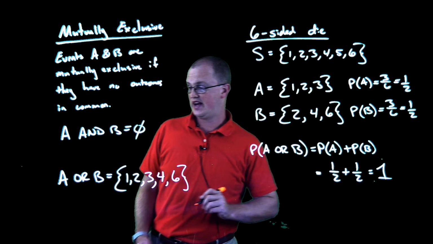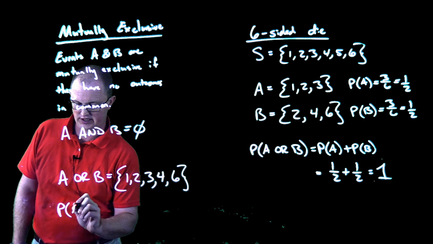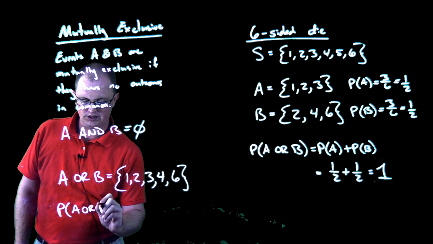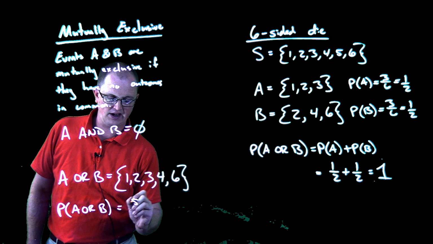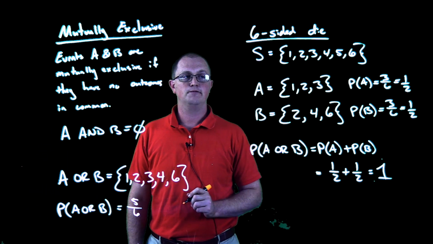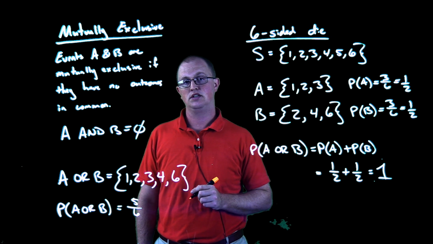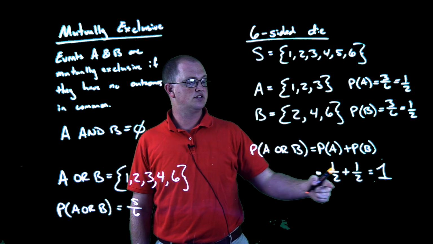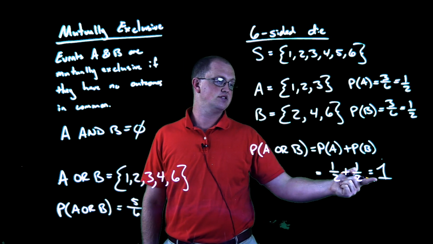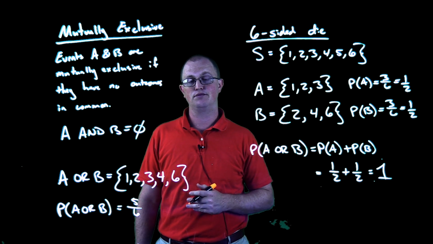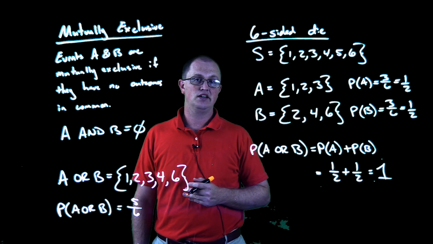And so using that, we would get that the probability of A or B is equal to 5 out of 6. A or B does not include 5. But over here, this says that the probability of getting A or B is equal to 1, which means that the probability of rolling a 5 has to be 0.